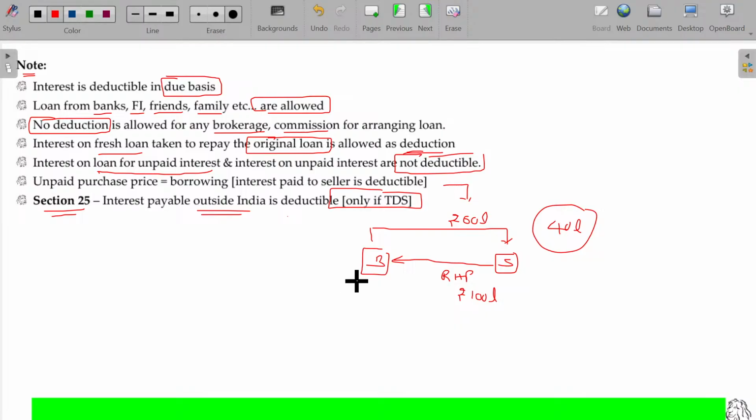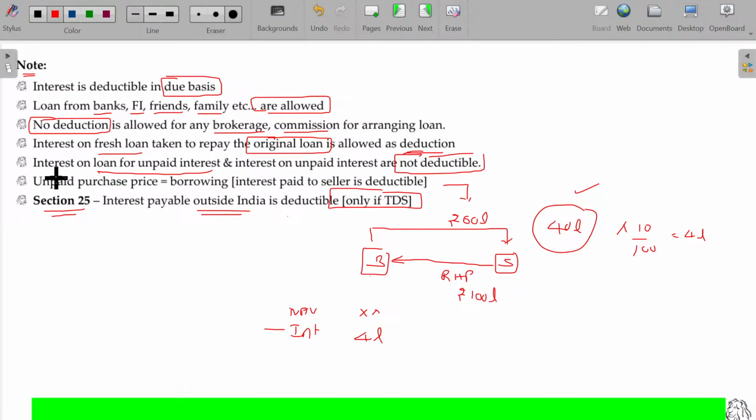So while calculating the income from house property of B, NAV being some value minus interest. What about the interest? For the 40 lakhs, B said, I will pay a bit late along with interest. If any interest, say at the rate of 10%, is payable, 4 lakhs, that 4 lakhs can be subtracted here.